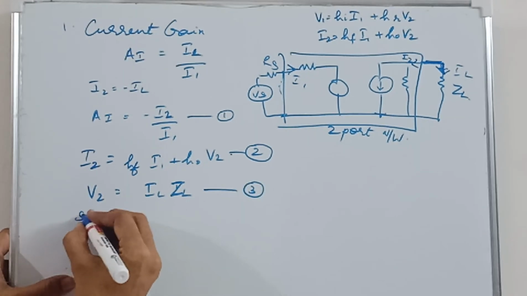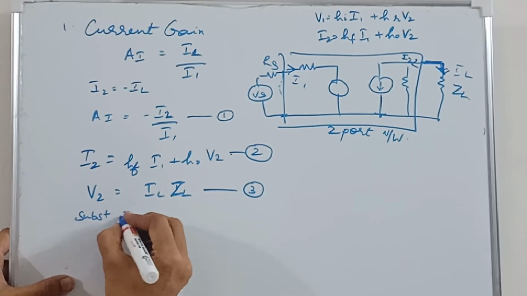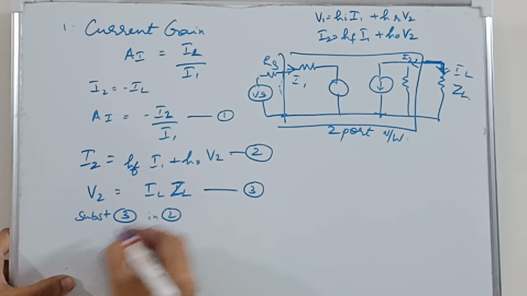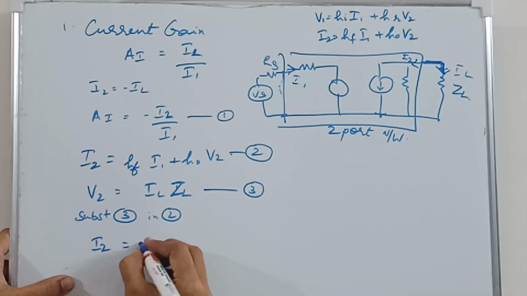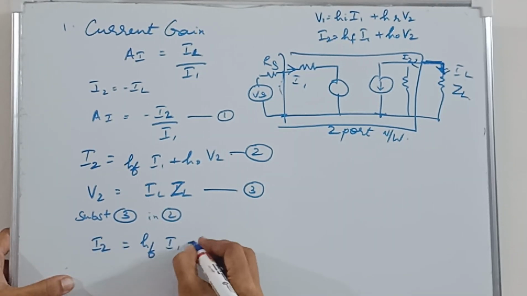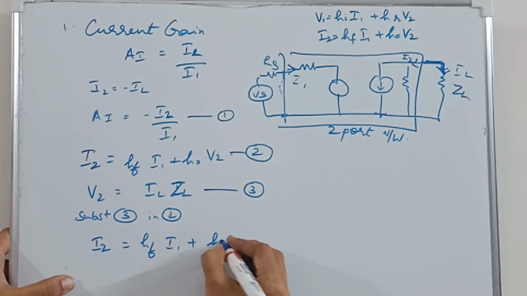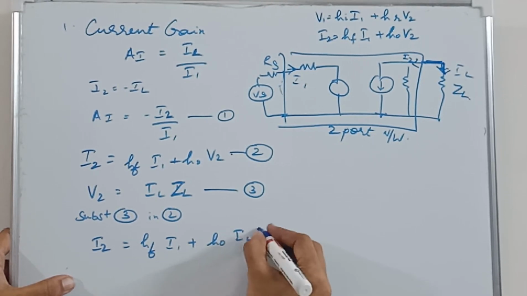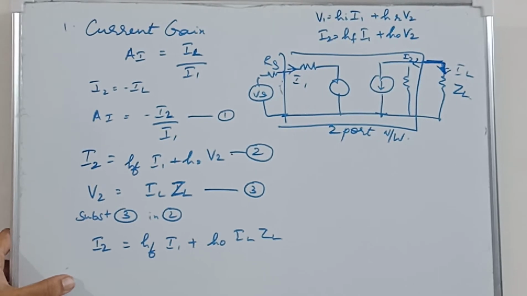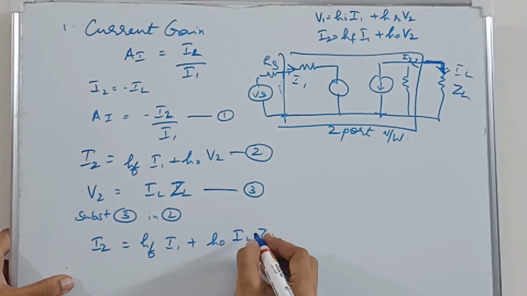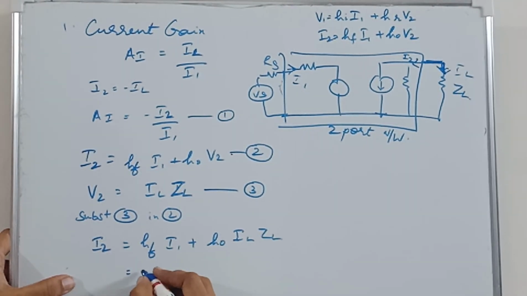So we will substitute 3 in 2 first. We will get I2 is equal to HF I1 plus HO IL into ZL. IL is minus I2.